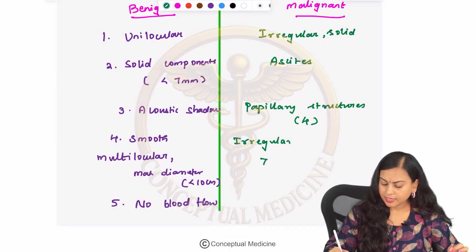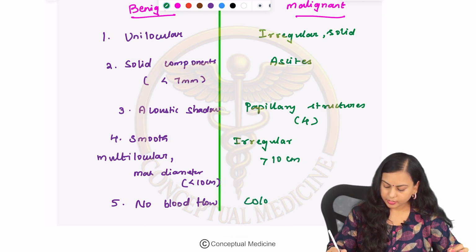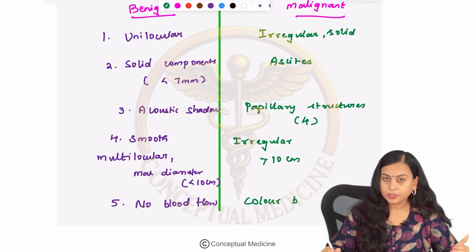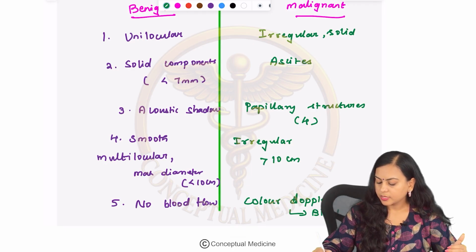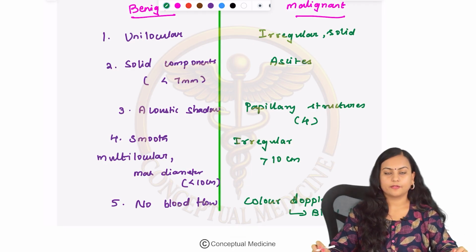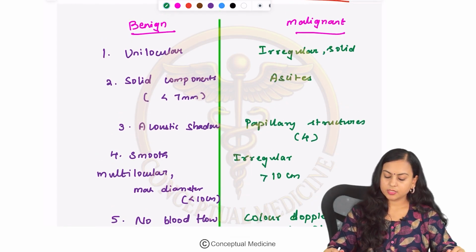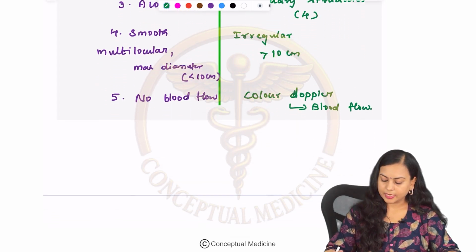Definitely the size is going to be more than 10 centimeter, and color Doppler should be showing blood flow. That will be a very strong blood flow. Clear? So this is IOTA criteria.